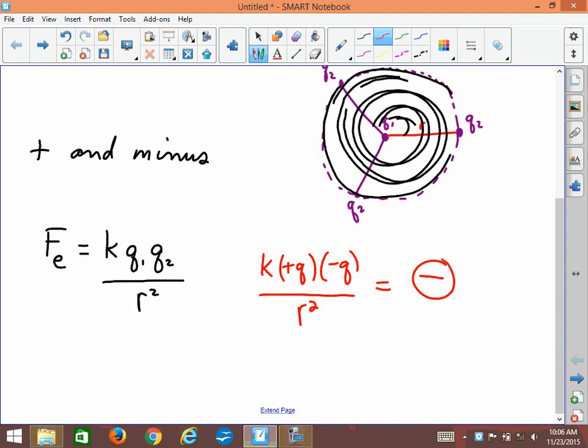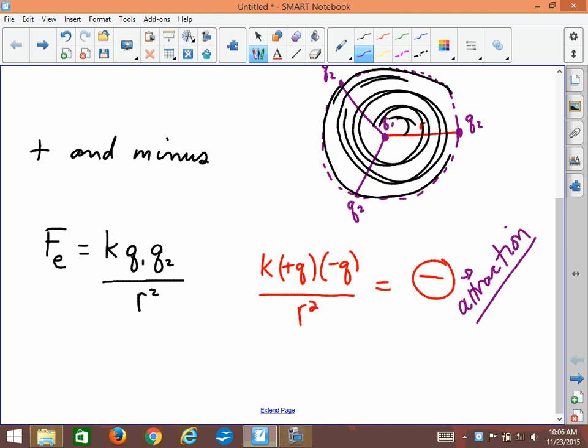Plus times minus. But we know that positive and negative charges attract each other. Opposite charges attract. So a negative answer between the two objects indicates attraction.